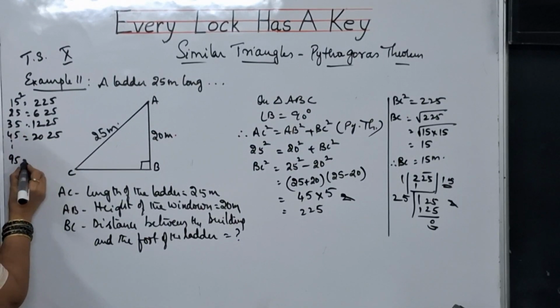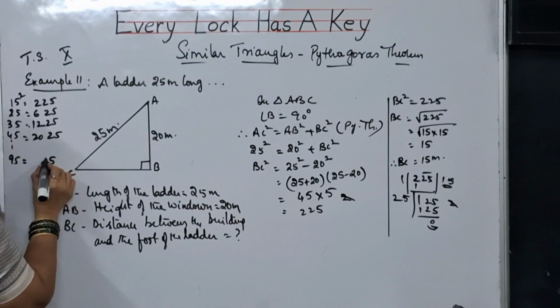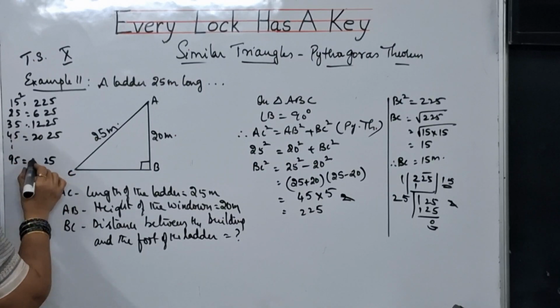It goes on like this up to 95. 5 fives are 25, after 9 comes 10, 9 tens are 90.